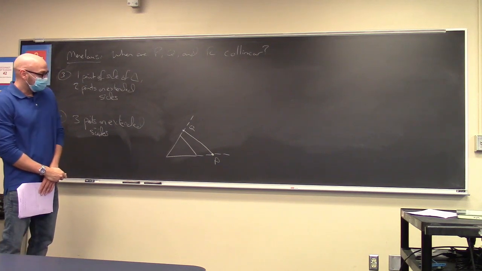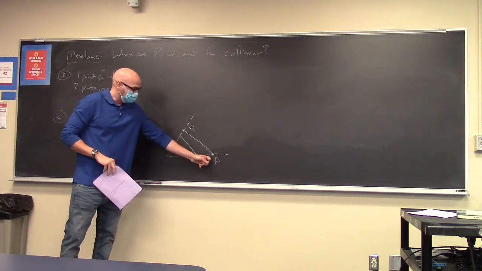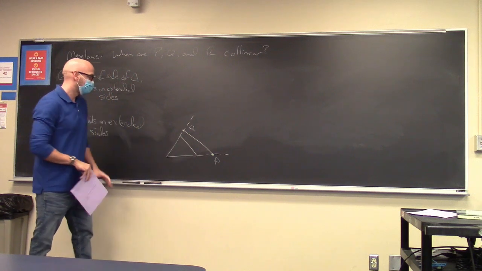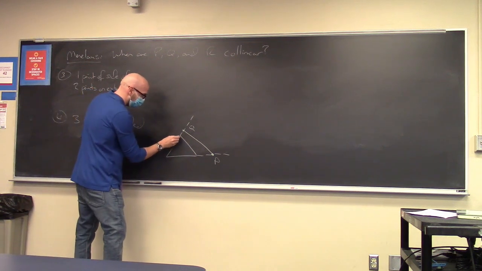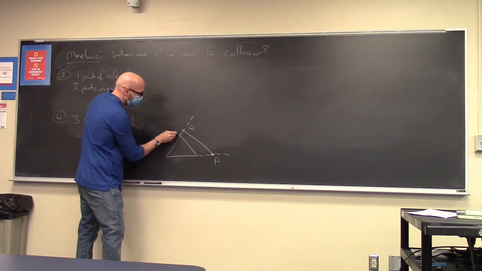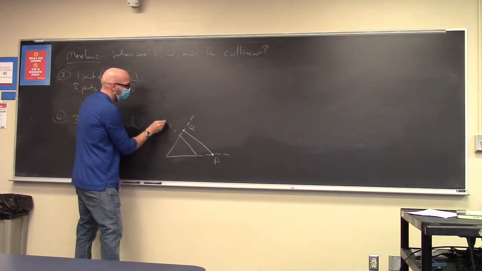If you have all 3 on the extended sides, here I've just chosen P to be here and Q to be here, well then obviously this line is going to cut through this 3rd extended side, right?